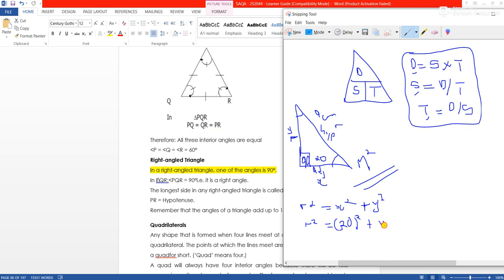That's what we don't have. Let's rephrase our question. We are told to find y instead of r. We do have our r, which is 9. So 20 to the power 2 is 400.